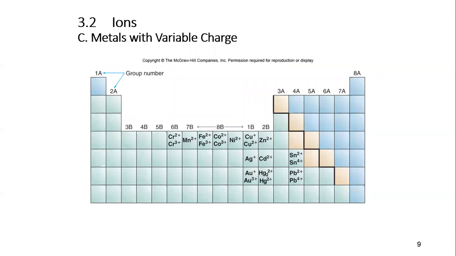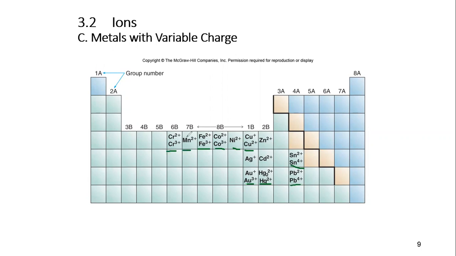So when we get to transition metals and even some of what we refer to as post-transition metals, these metals can have a variable charge. So metals like chromium, manganese, iron, cobalt, nickel, copper, gold, mercury, tin, and lead. You notice that they don't have just one ionic charge.